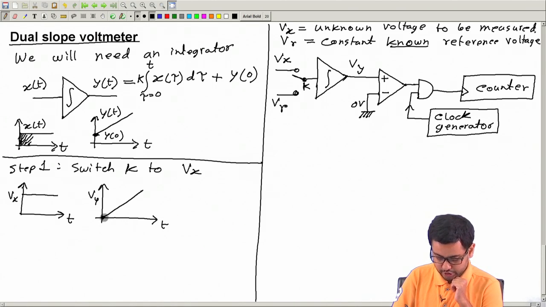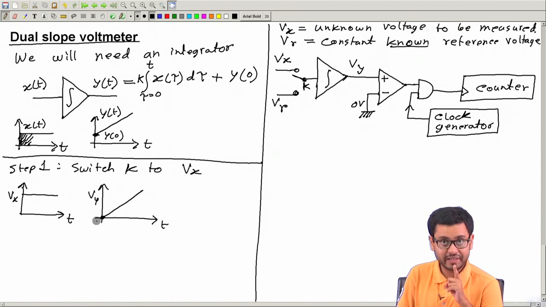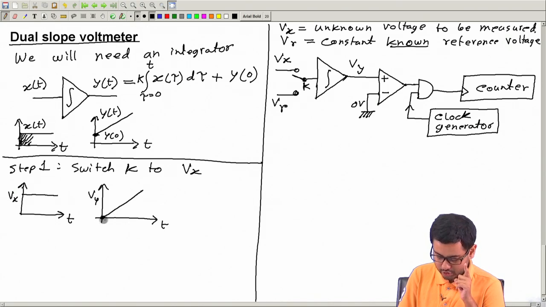It will increase like this, assuming it is not necessary that it starts from 0.